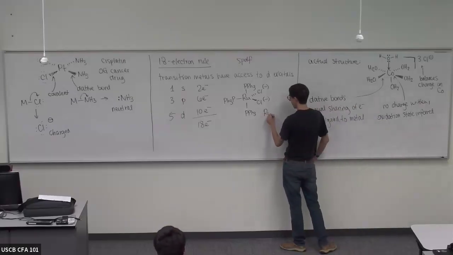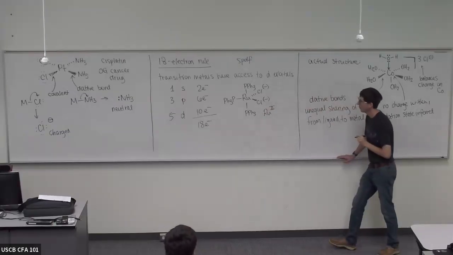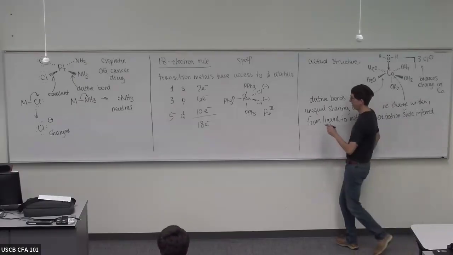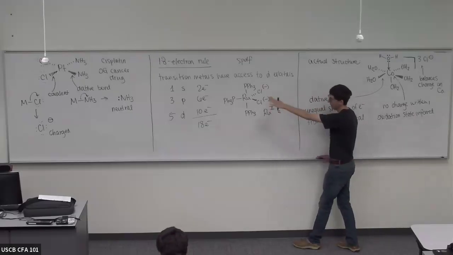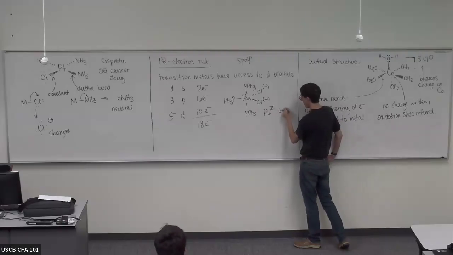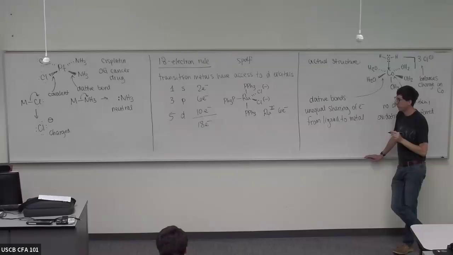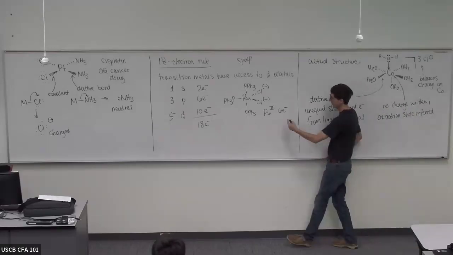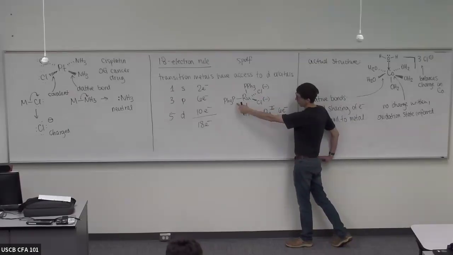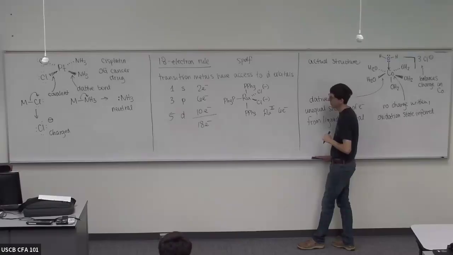That means that we have ruthenium in the 2 oxidation state. And if you count up electrons in orbitals, you have to look at the periodic table. We'll figure out that it has 6 valence electrons. So the ruthenium itself has 6 electrons, and then each of these ligands is contributing 2 electrons to the ruthenium.